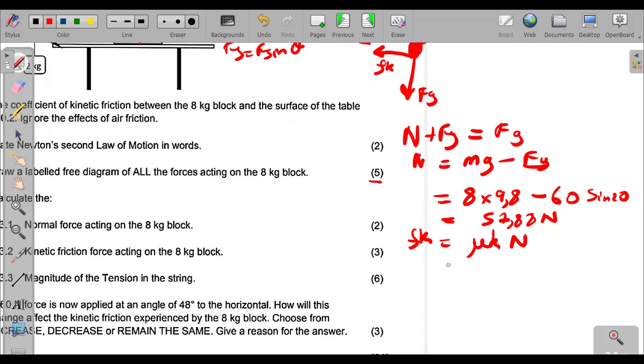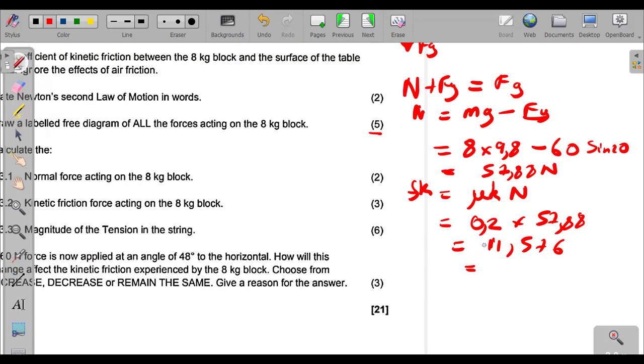So we have mu k as 0.2 multiplied by the normal force, which is 57.88, and that gives 11.576, which becomes 11.58 Newton to two decimal places. So that's our kinetic friction there.